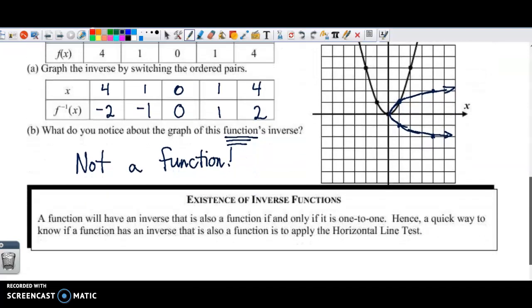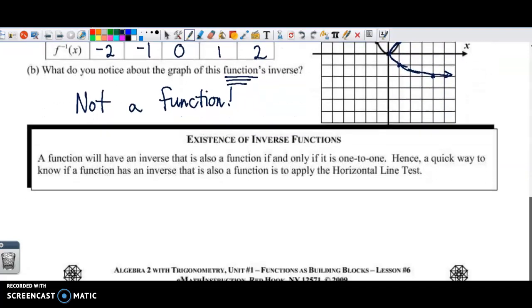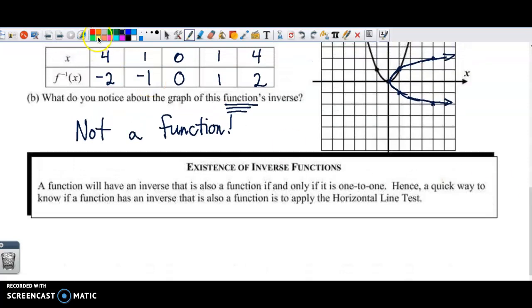Which brings me to my next point, is the existence of a one-to-one function. Well, the existence of an inverse is it needs to be a one-to-one function. So what that means is it also has to pass the horizontal line test. And it goes back to the fact that x's and y's cannot repeat.